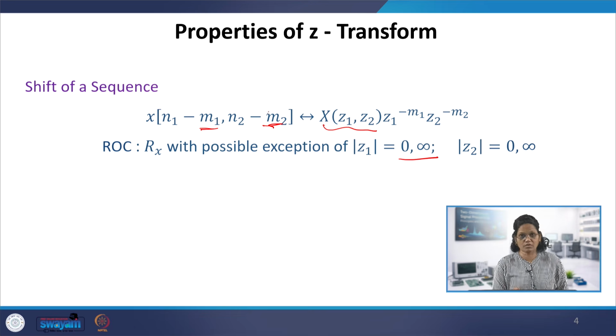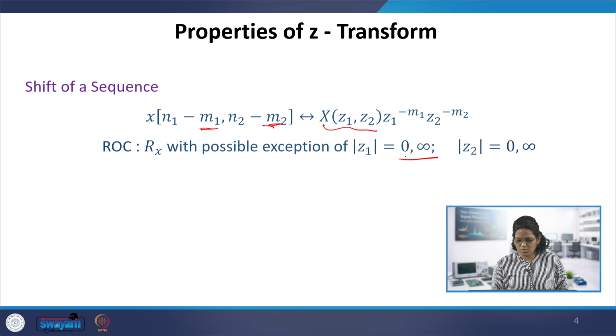Suppose the shift is plus, then we have z1 power plus m1 and z2 power plus m2. In that case, z1 going to infinity will make this transform infinite. In this case, z1 and z2 going to 0 make this transform infinite. So the exceptions for z1 and z2 should be applied depending on the shift, whether it is a minus m1 right shift or a left shift in the 2D sequences.